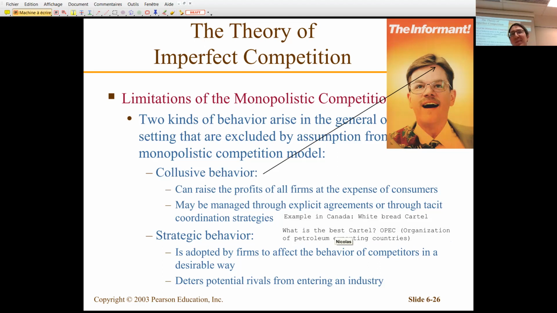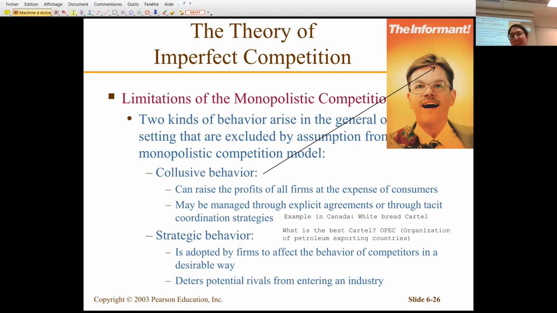Well, I hate what they produce. Well, we need it for our cars, but it would be better if we had higher taxes on gasoline, because it's bad for the environment. Well, countries like the US or many other places don't really want high taxes on gasoline. But what does OPEC do? Well, they restrict production and hike prices.